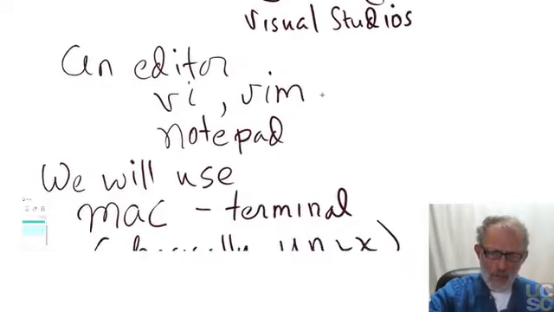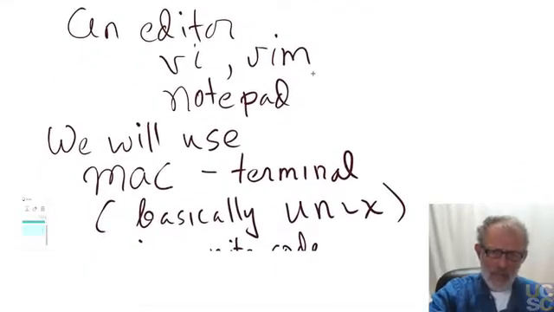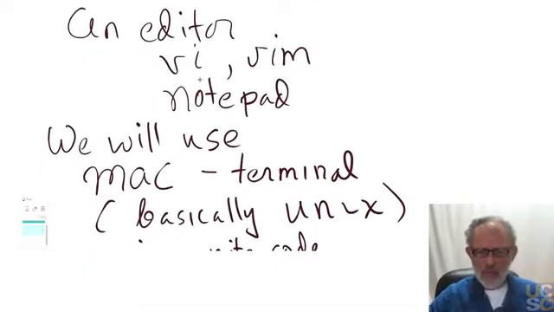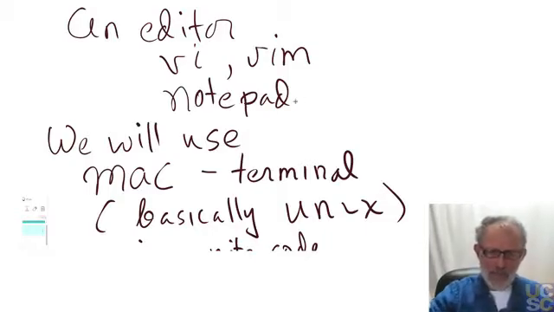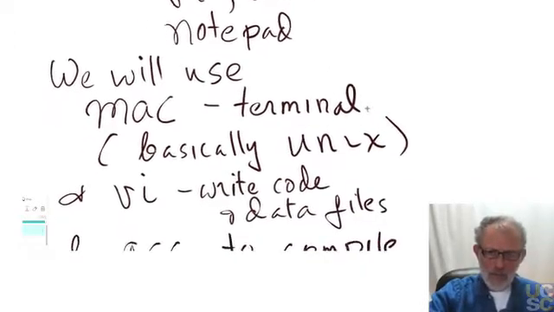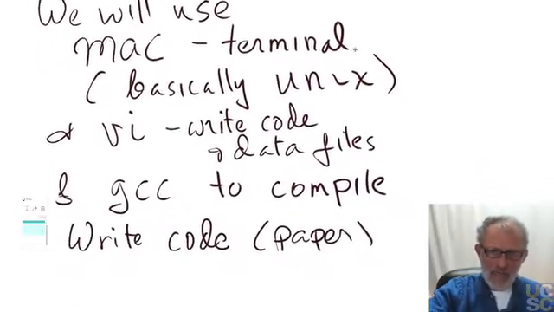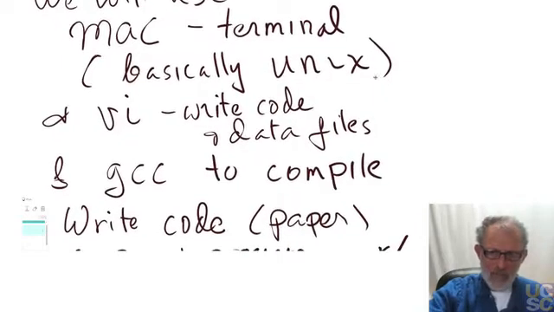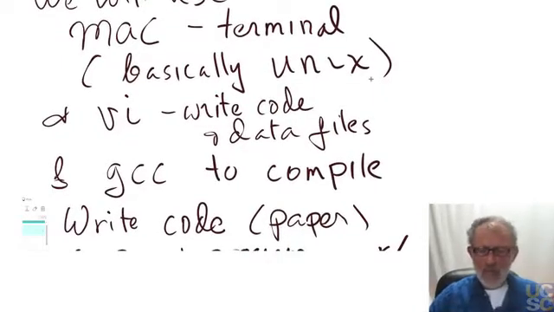Again, I'm going to use a universal editor. It's freely available. It's sometimes called VI or VIM. As I said, an alternate editor for a Windows system might be Notepad. And what you'll see throughout this course is my home computer, which is a Mac, and I'll be using the Mac with its terminal window. Why the terminal window? Because that's a very simple programming environment.